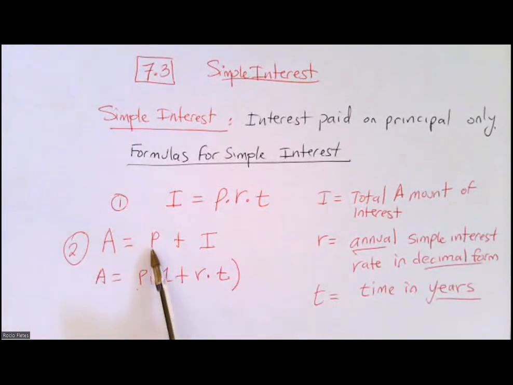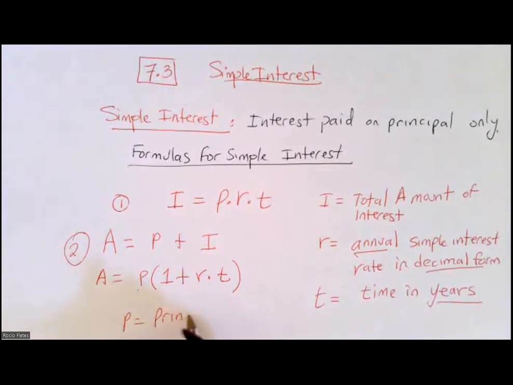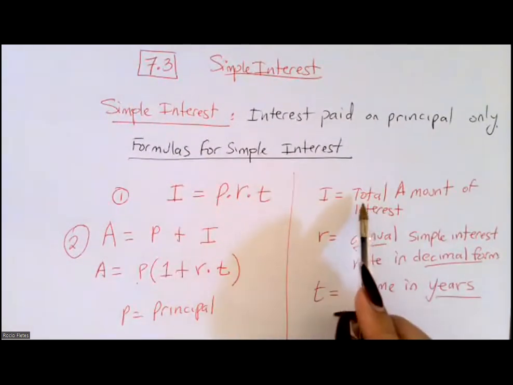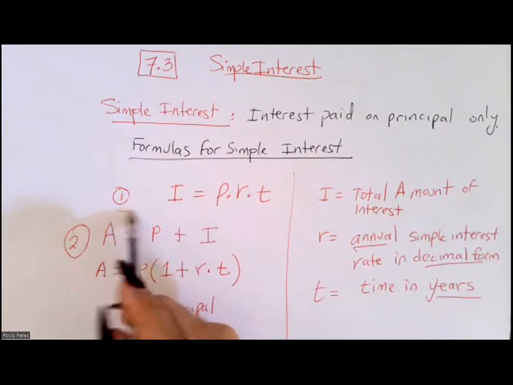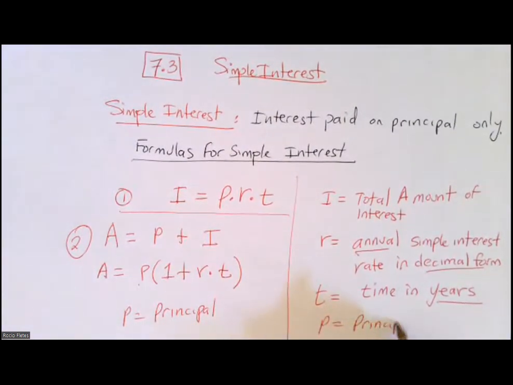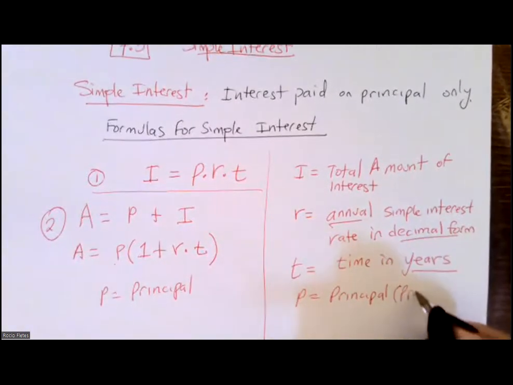So P is principal. Oh, I forgot to define here in the I formula, remember here, P is principal. We also refer to principal as present value.